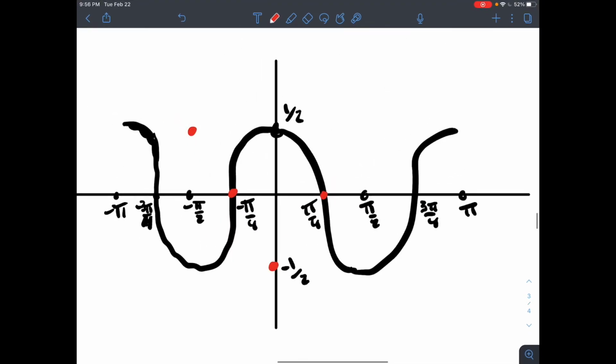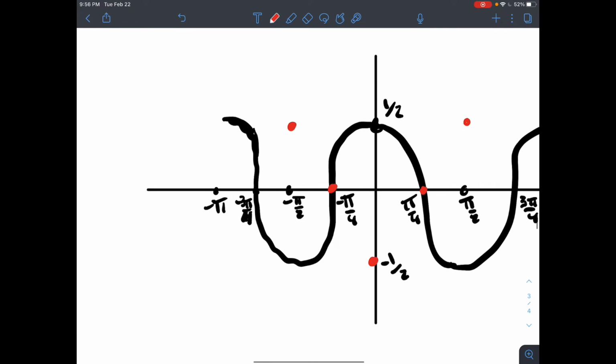Over. I know this is a little bit hard to see what I'm doing because I can't show you what my pen is doing, if that makes sense.